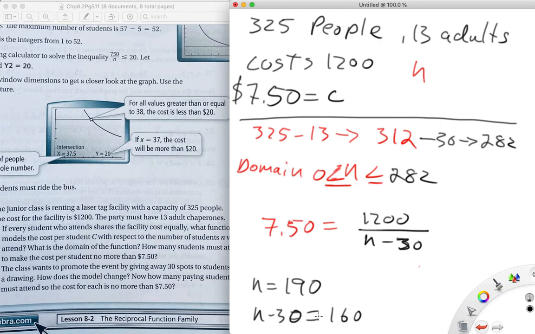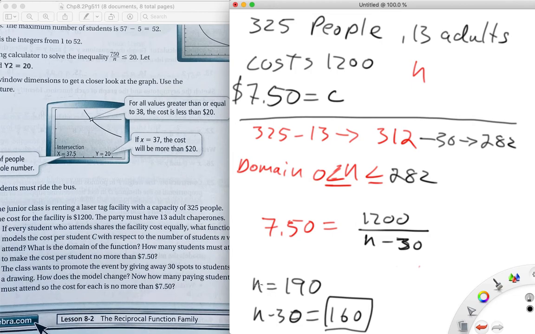So really, it's still 160 students. I need 160 students paying $750 to still cost $1,200. And the reason why I can do that is because if I take away 30, I still have 282 tickets left, which is greater than 160. All right, so I can still give away 30 and still charge $750 and still be okay. I still break even. So that does work. So it's not going to be n, it's going to be n minus 30. And it's n minus 30 to get me 160.